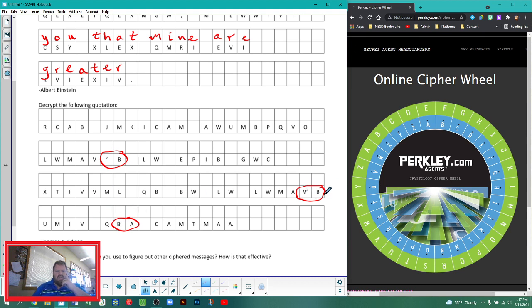Okay, so I see apostrophe B, and then apostrophe A. And there's not many words that follow, or not many letters that follow apostrophes. In fact, these 2 words are the same. But then this one is something else. Okay?